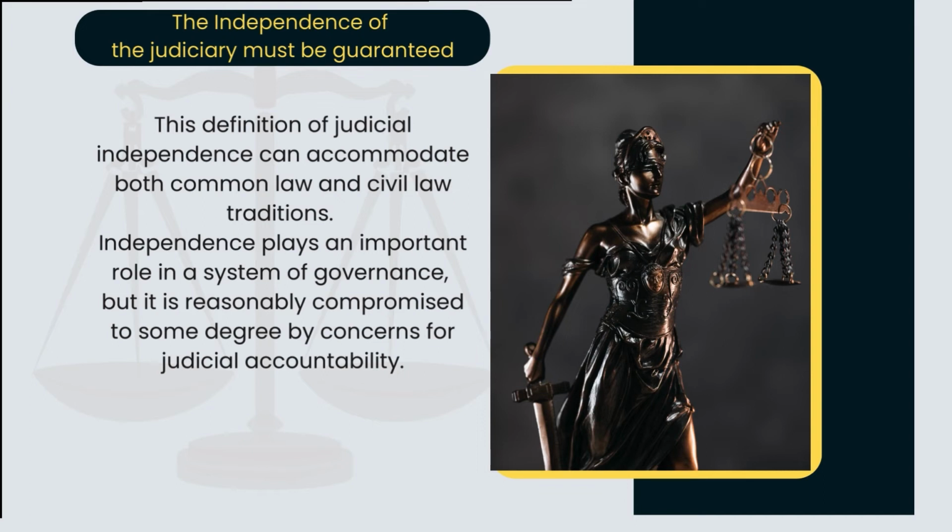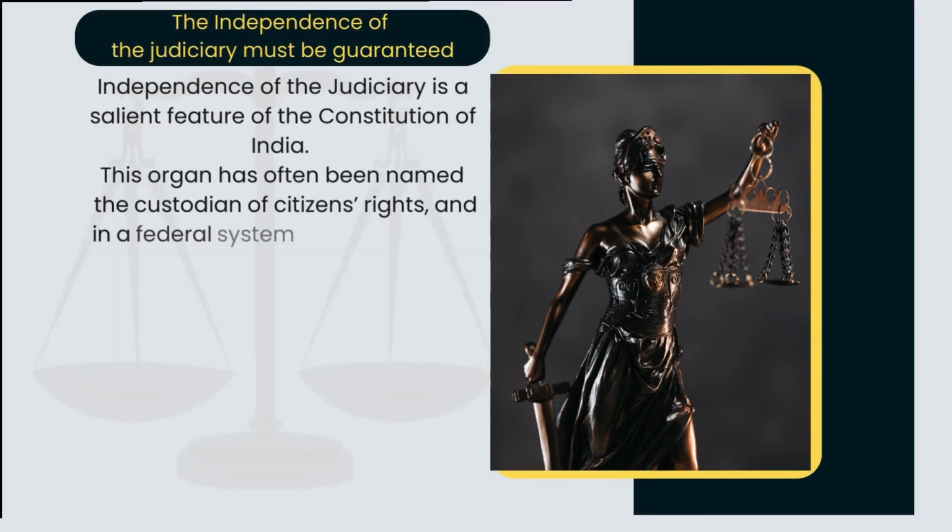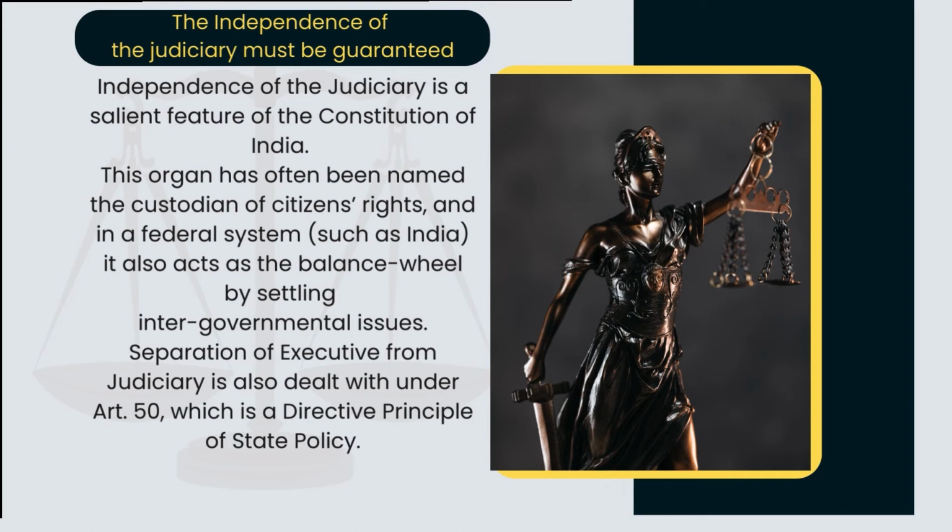Independence plays an important role in the system of governance, but it is reasonably compromised to some degree by the concern for judicial accountability. Independence of the judiciary is a salient feature of the Constitution of India.